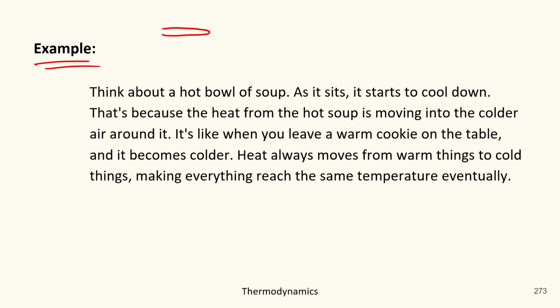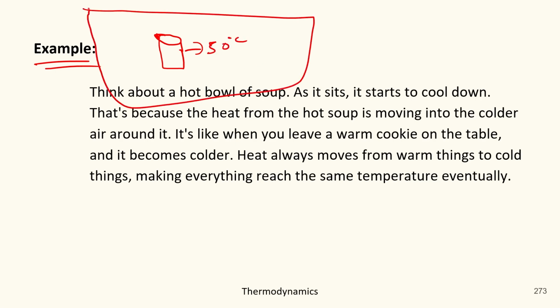The first is for the soup. Suppose it was a bowl of soup which was around 50 degrees Celsius hot. Okay. And there is the surrounding of the soup, or you can say the atmosphere, whatever you call it will be the same.